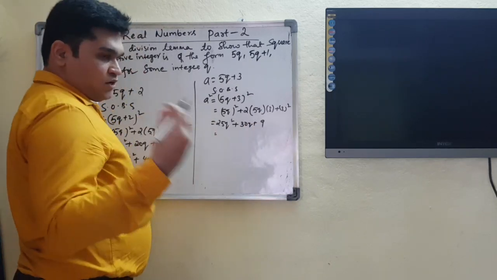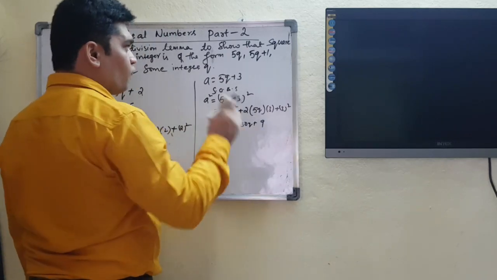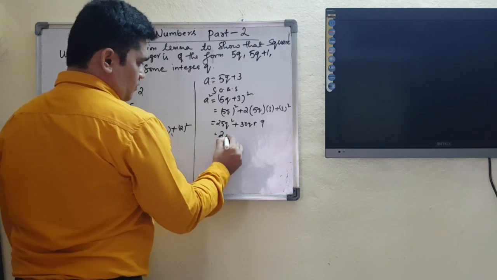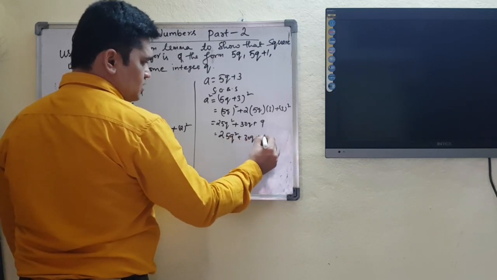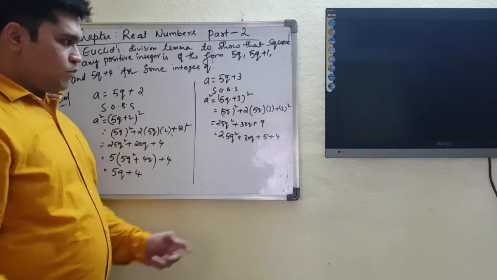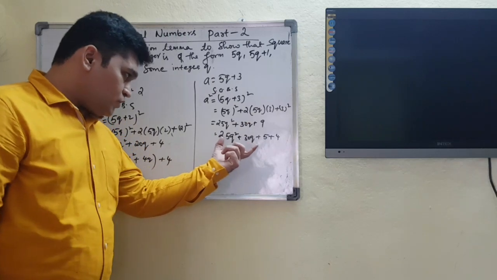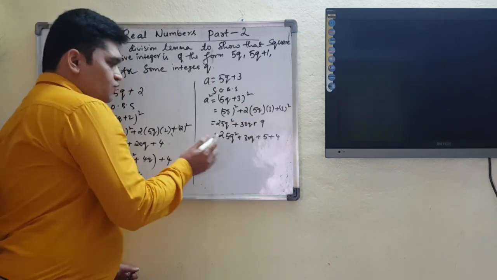Now for my more convenience, 9 I can split in the form of 5 plus 4. I am going to write like this, 30q plus 5 plus 4. The reason behind expanding this 9 as 5 plus 4 is that if you take common in between these all, 5 can be considered as a common term.